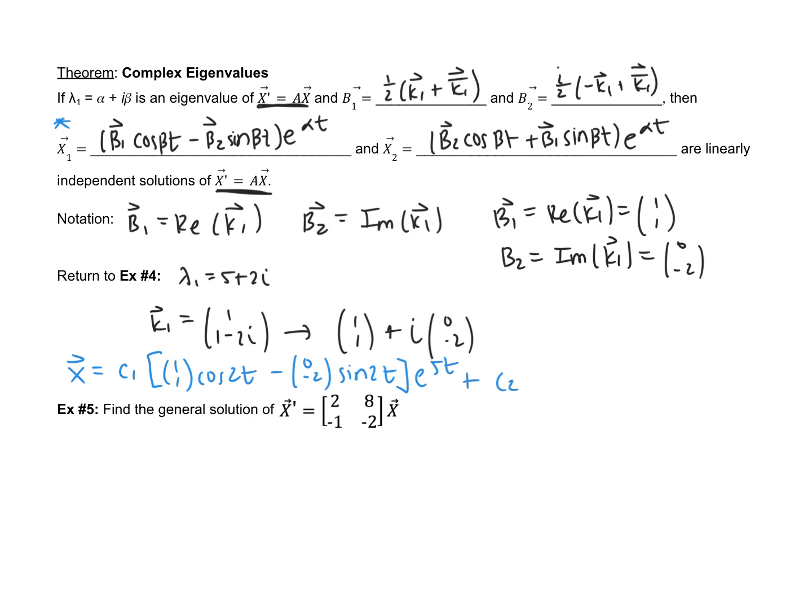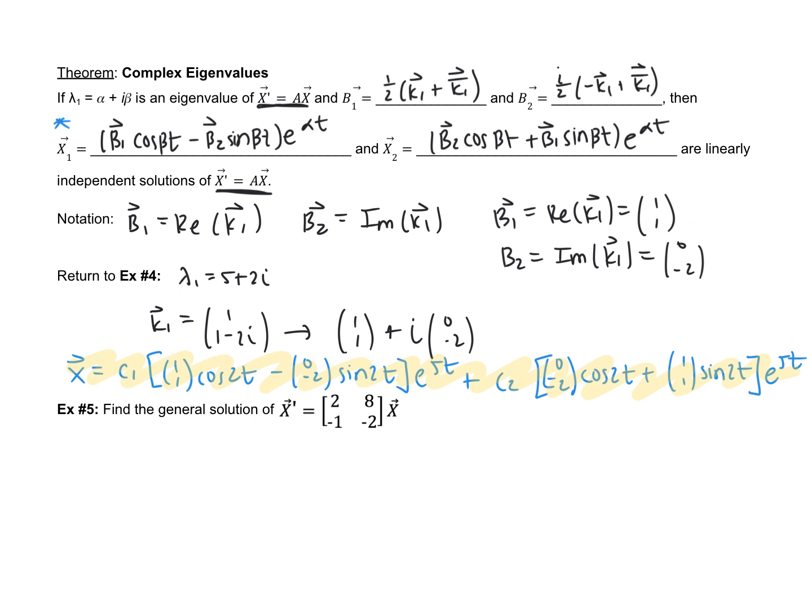Add to that C2 times (0, negative 2) cosine of 2t, add (1, 1) sine of 2t, times e to the 5t. So all of this is our general solution. At this point, you might need to pause and look back through to figure out where I got these numbers before you keep going.